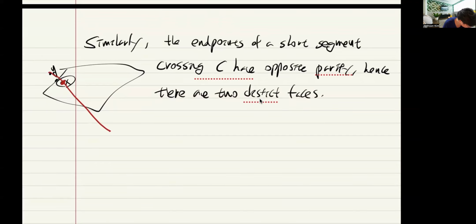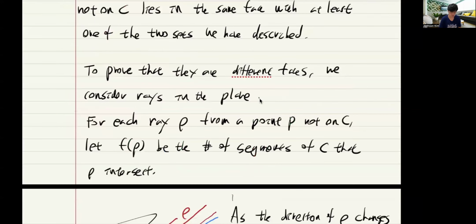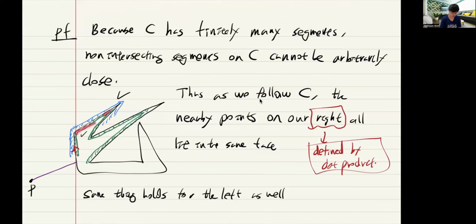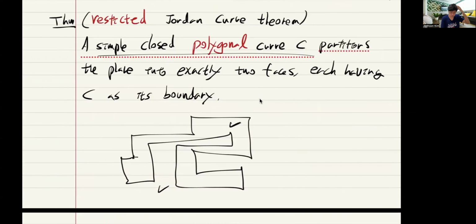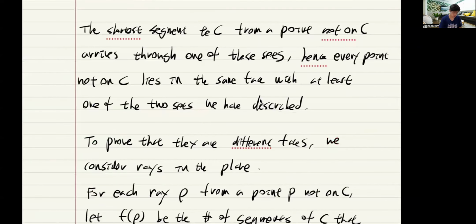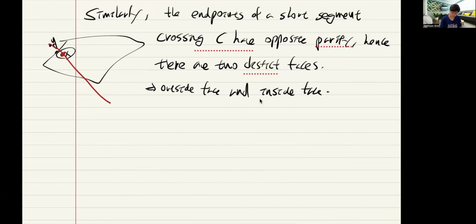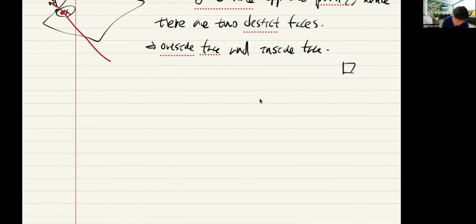Then they form the outside and inside phase, one containing all the points in this green region, and one containing all the points in this blue region. And because of that, each of them has a shared boundary. So, okay, now we have defined the phase.